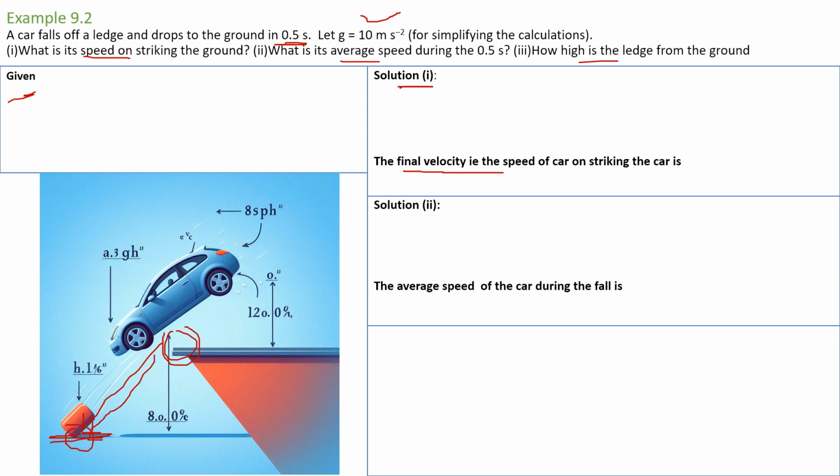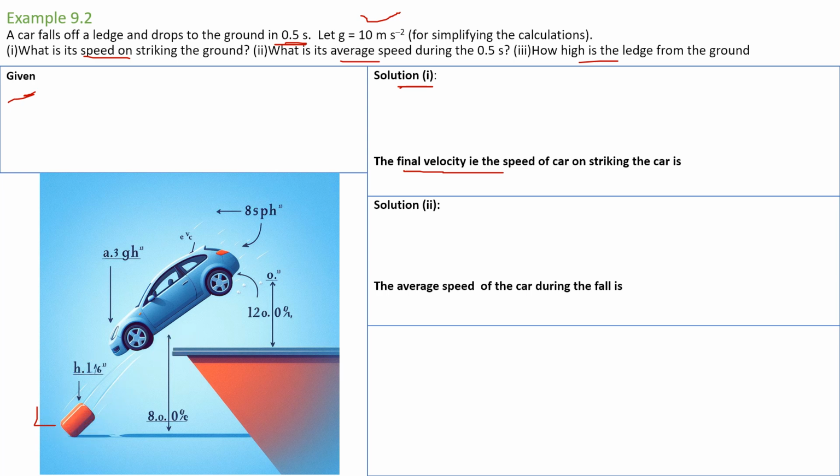The car is approaching the earth, so it accelerates, meaning it is increasing its speed and velocity. This velocity is more than this velocity, and so on. The car is increasing its velocity as it moves towards the earth. We have an initial velocity here and a final velocity here.